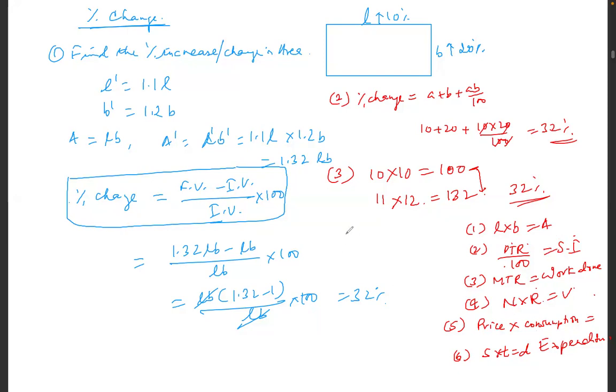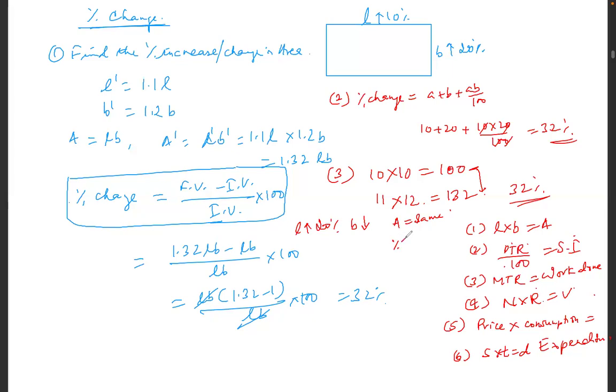Now, let's say if length is increased by 20%, by what percent should the width be decreased so that area remains the same? Area does not change. What does it mean?